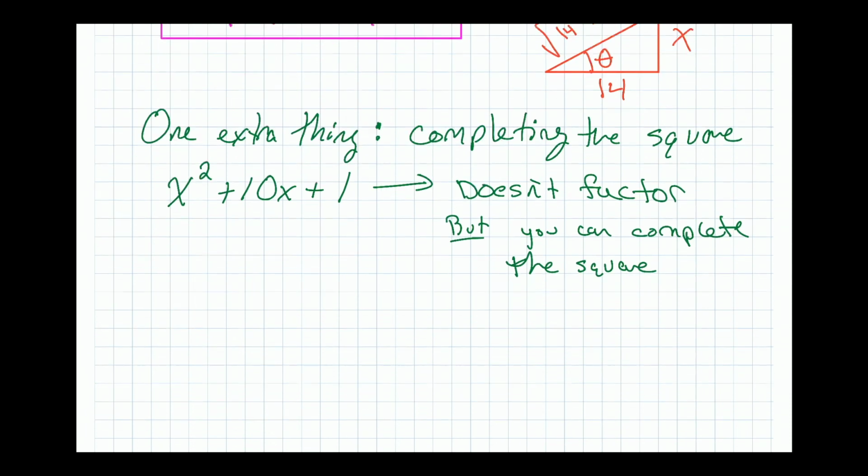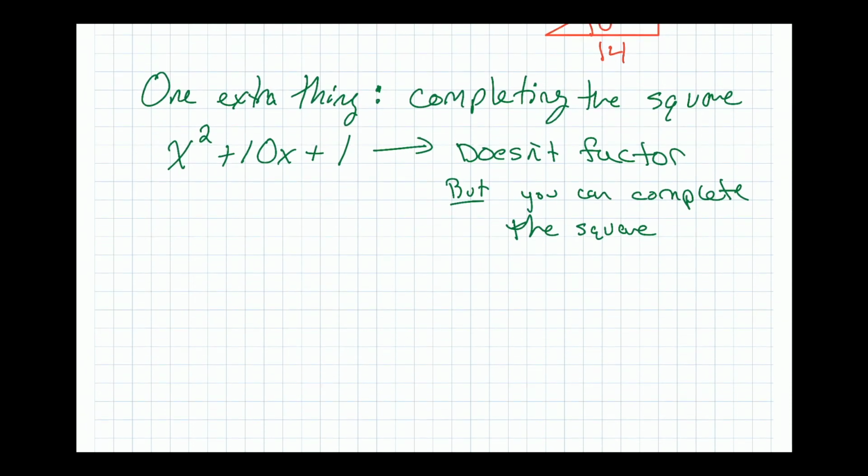Completing the square is when you do this. You take this middle number right here, the number on the x. You take that number, you divide it by 2, and then you square it. Okay, so 10 over 2 is 5. 5 squared is 25. Now this is like a magic number.